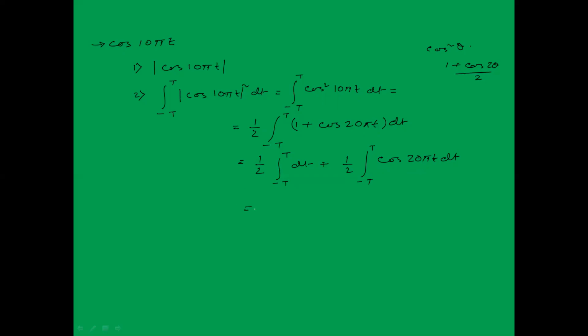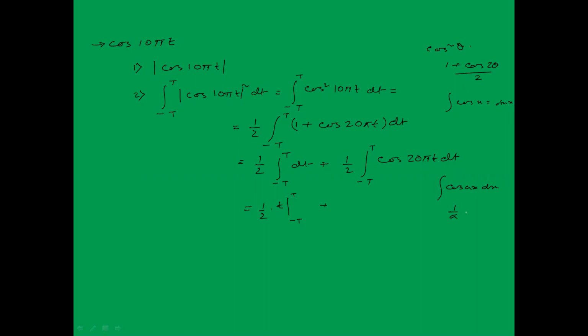So this is half t from minus T to T, and this is cos ax dx.